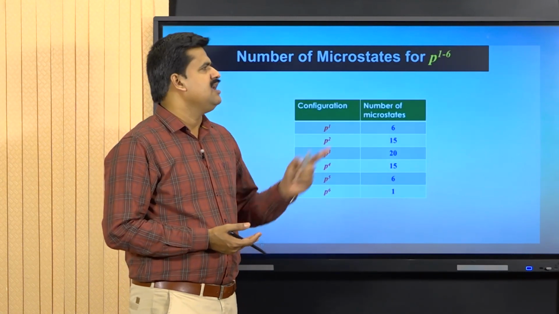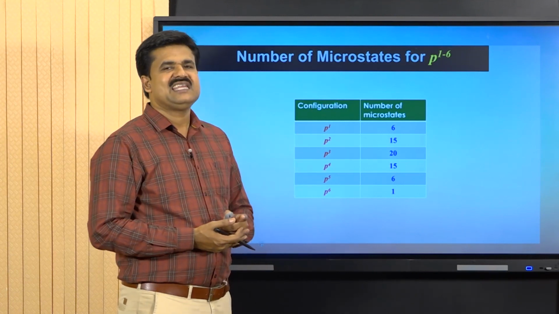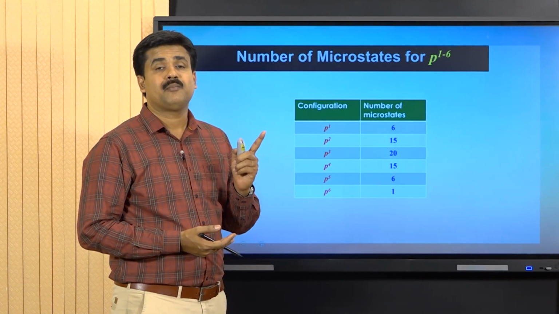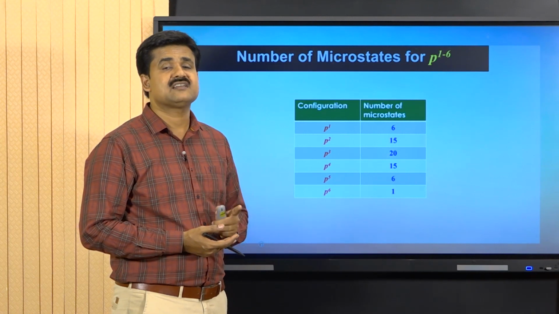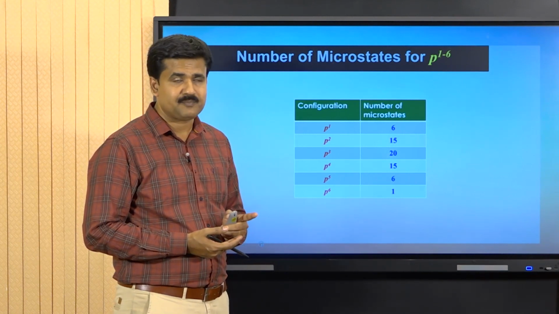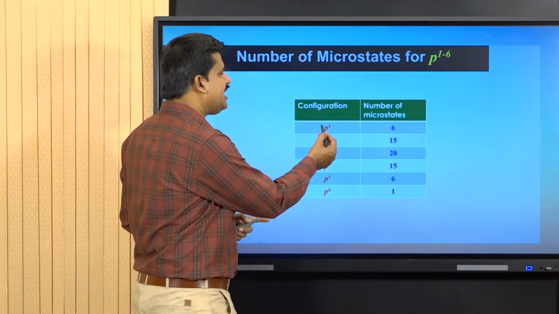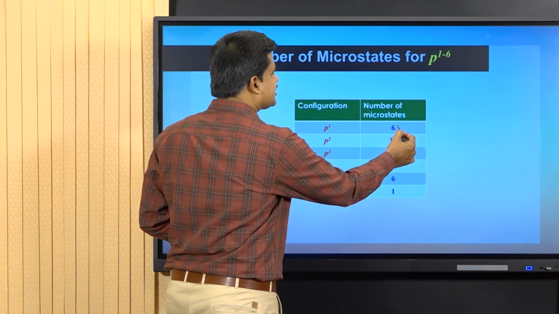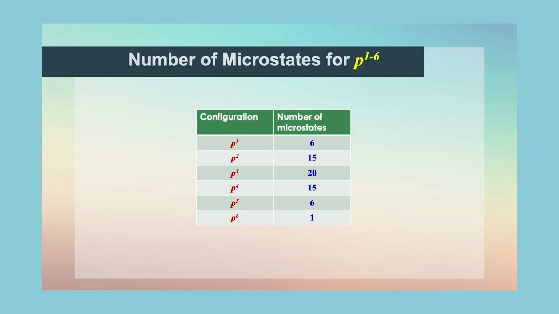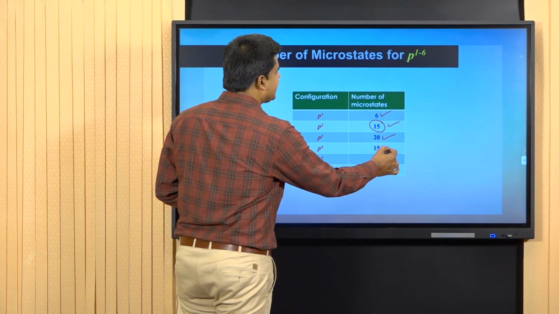Now, this table illustrates the number of microstates associated with the electronic configurations from P1 to P6. For a P1 configuration, the number of microstates is equal to 6, and for P2, this is already proved, it is equal to 15. For a P3 arrangement, it is equal to 20. For a P4 arrangement, again 15.